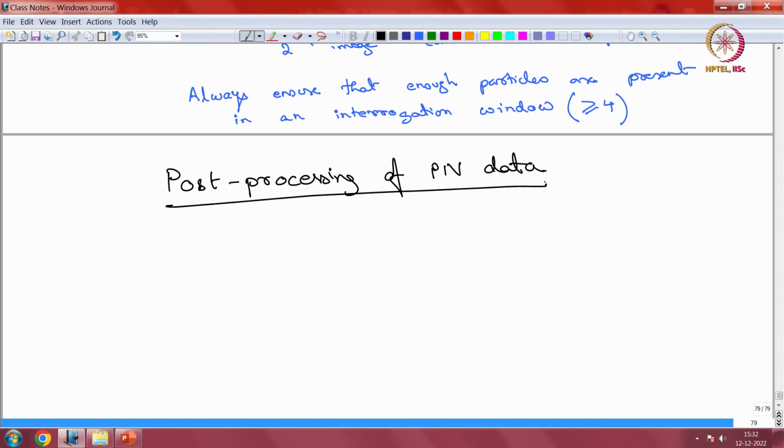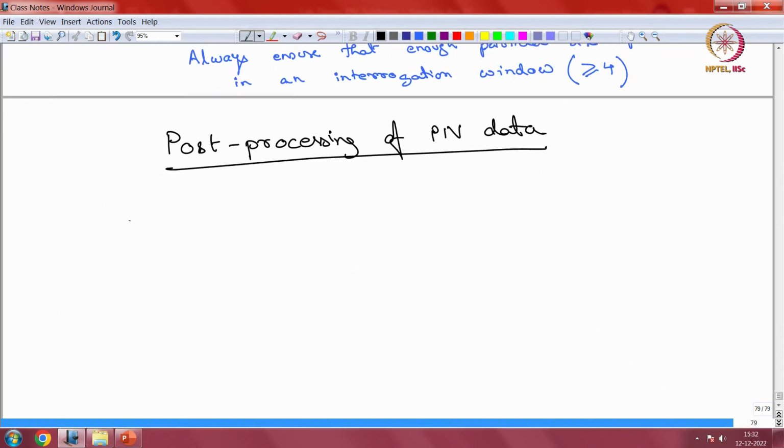Now once you do the image analysis and you get a velocity field, you must do validation of raw data. So you will get an output from your software, but you must check it, right?